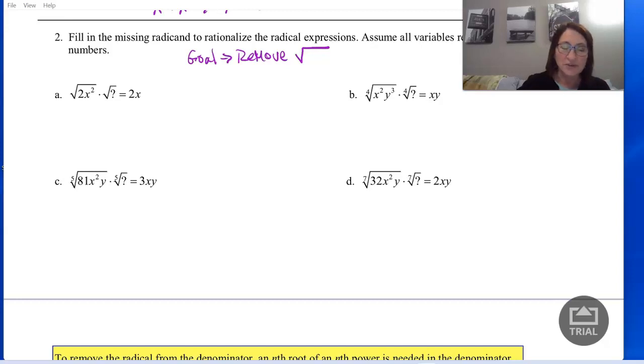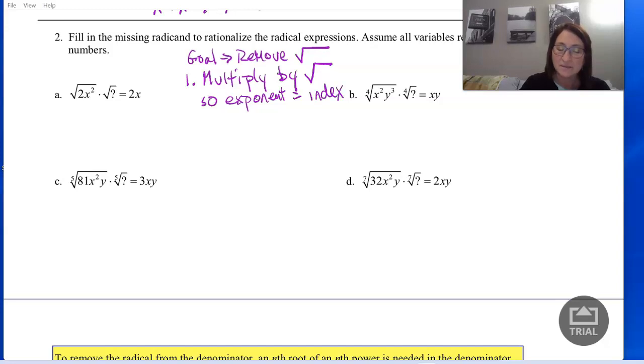The way we do that is we are going to multiply by a radical so the exponent equals the index. That's all we're doing.